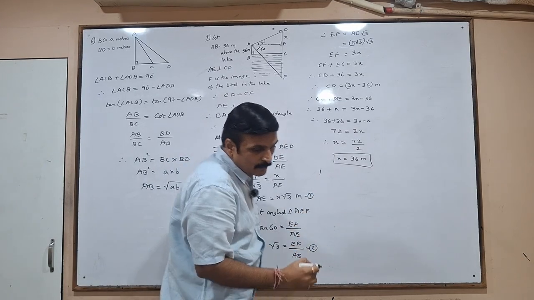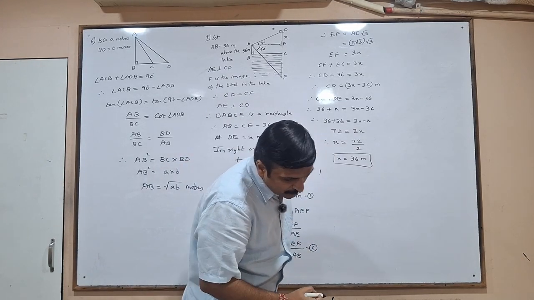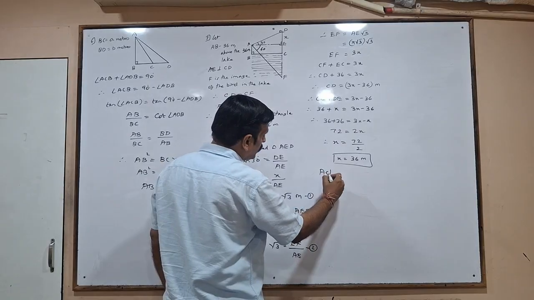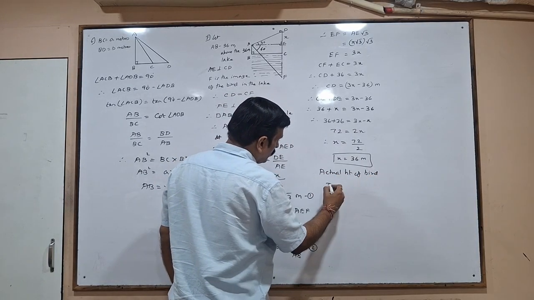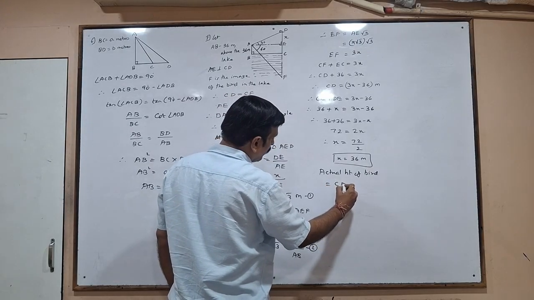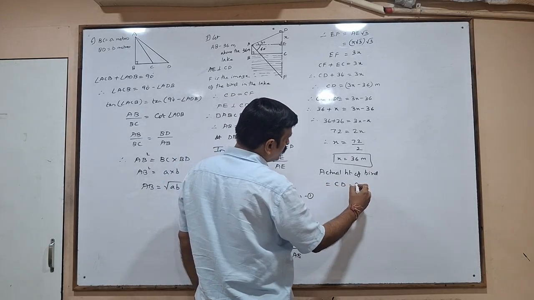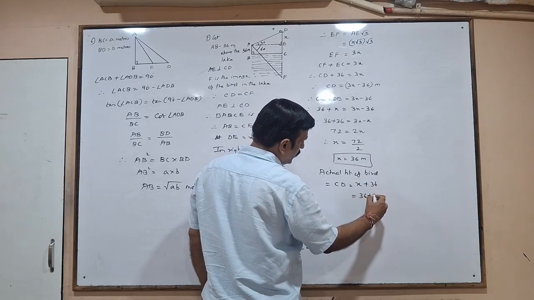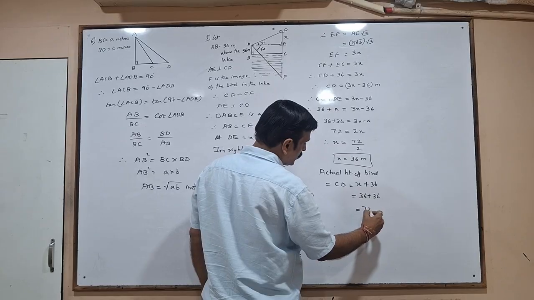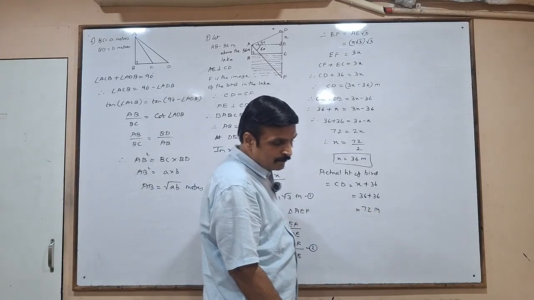The question says actual height of the bird. So actual height of bird is CD from the lake, which will be x plus 36. So 36 plus 36, which is 72 meter.